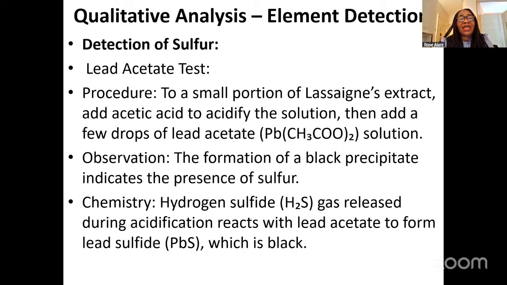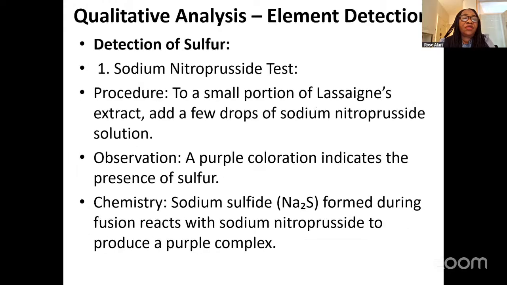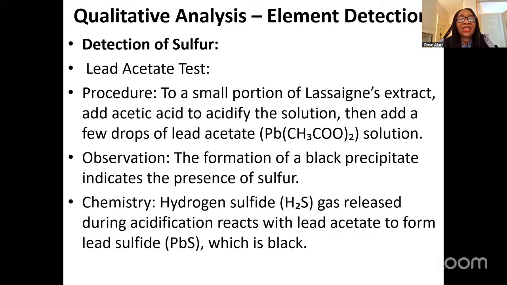We have another test. We have two tests for sulfur. The first one is the sodium nitroprusside test, and the second one is the lead acetate test. In this test also, we take a small portion of the Lassaigne's extract and then add acetic acid to acidify the solution. Then add a few drops of lead acetate solution.